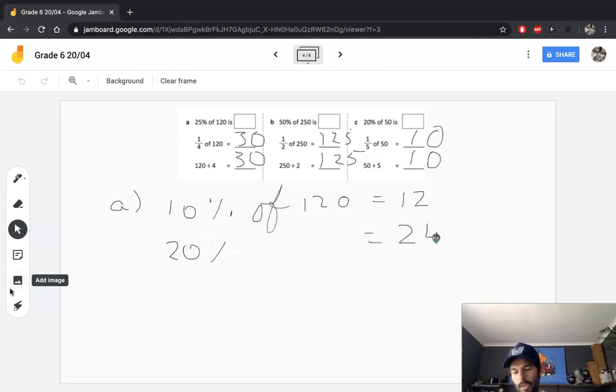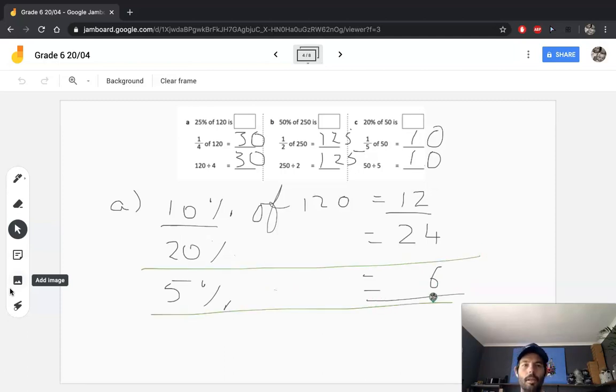If I know 10% is 12, then 5% must equal, let's put them all in the same line, 6. And then I've just got 20% and 5%, and there I've got 24 plus 6 is equal to 30. All right.